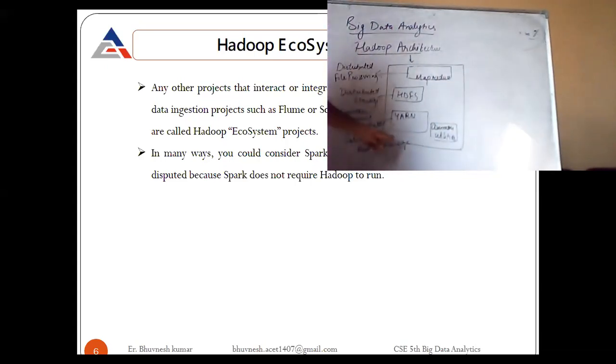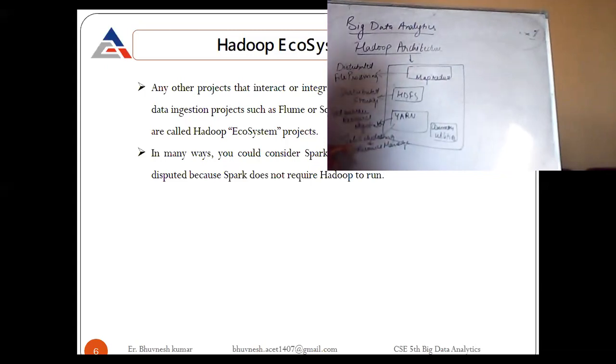YARN is a framework used for job scheduling. All the jobs are scheduled by this framework, that is YARN, along with resource management. If jobs are distributed to different nodes or a cluster, then the functionality of YARN is to schedule that job and also allocate different resources to the different jobs.